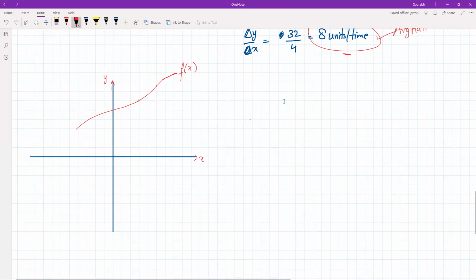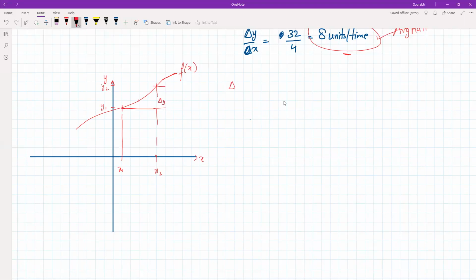What is instantaneous rate? Average rate is that you have an interval like this, x1 to x2, for which y is changing from y1 to y2. In this interval, this is the change in y, that is delta y.